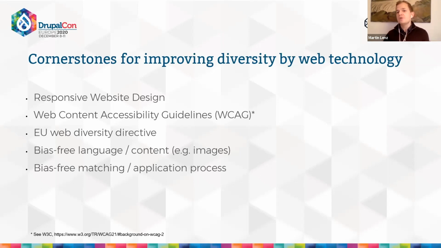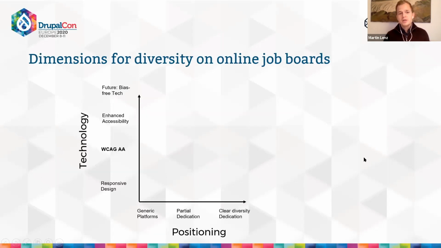And in the end, it turned out that it basically benefited male applicants over female applicants. So looking a little bit more about also how transactions can be made bias free is something that we are very interested in. So to simplify that, I think that when you create your website and when you create your platform, you can look at two key dimensions to create accessibility and to create a diverse environment.